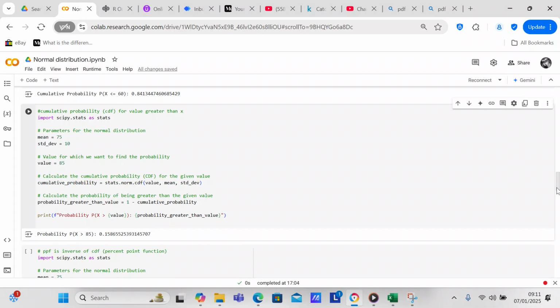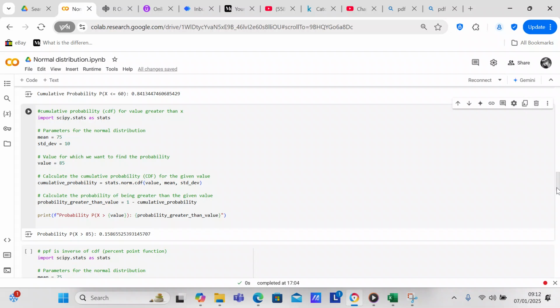Cumulative probability equals stats.norm.cdf(value, mean, stdev). The probability of being greater than the given value equals 1 minus cumulative probability. We print that off and it's 0.15.